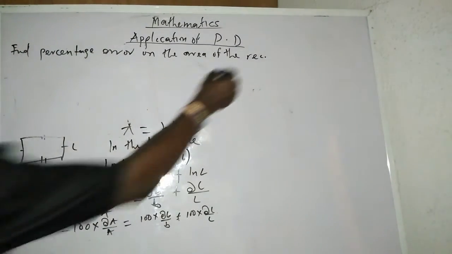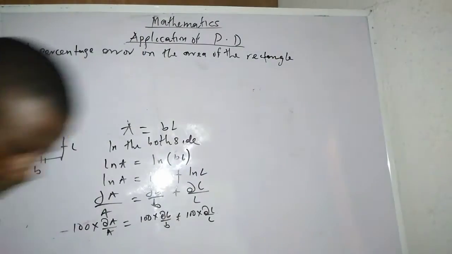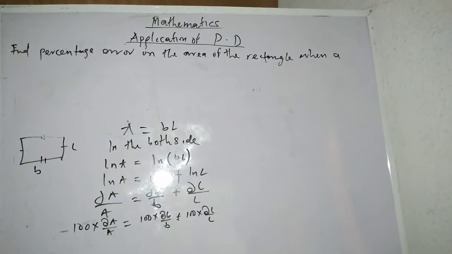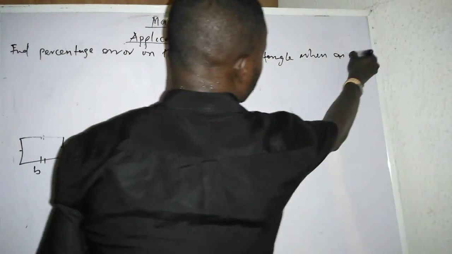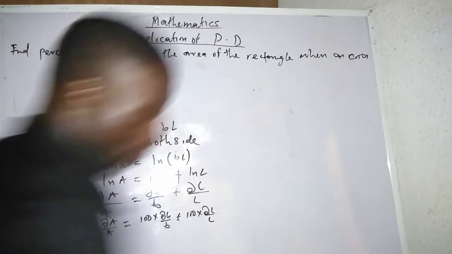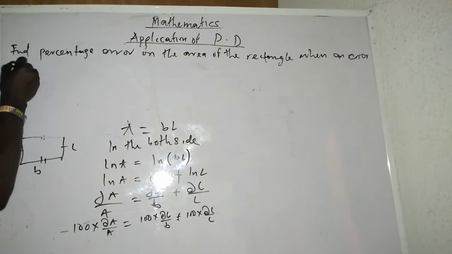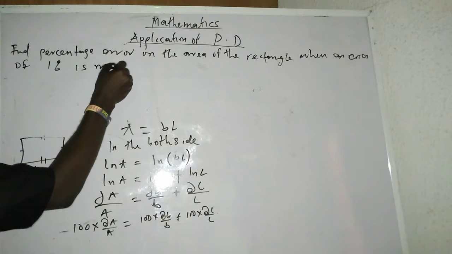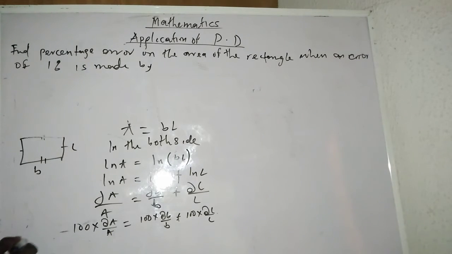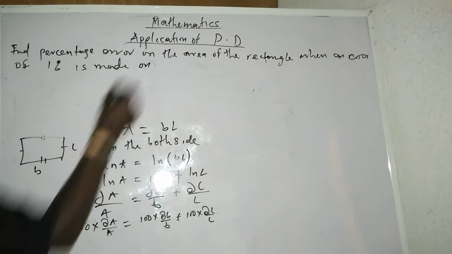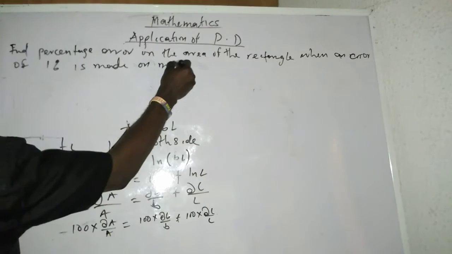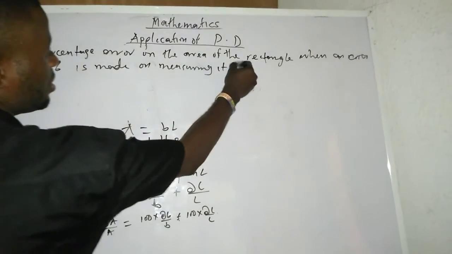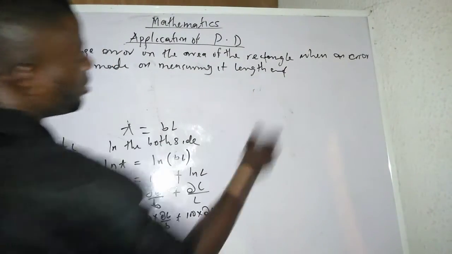Okay, let me write it finish. Rectangle. Okay, then when an error of 1% is made on measurement, measuring its length and breadth.